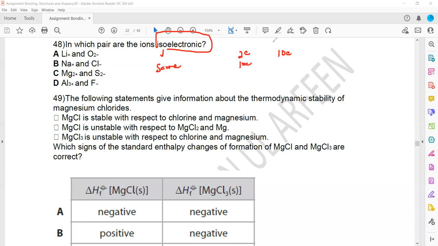For chloride, 17 protons, 17 electrons, but the chloride ion is there, so 18 electrons. Magnesium has 12 electrons, 12 protons, but it is a plus 2 charge, so it will have 10.